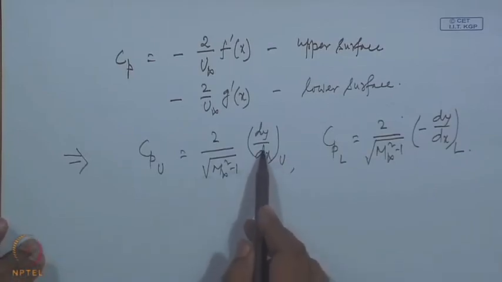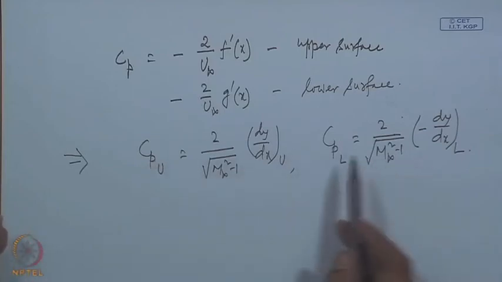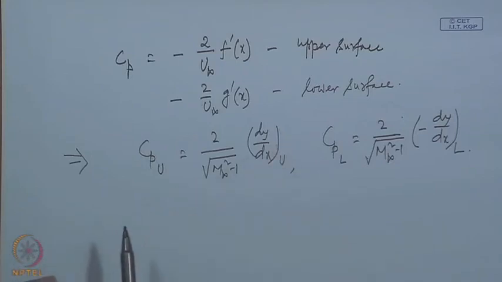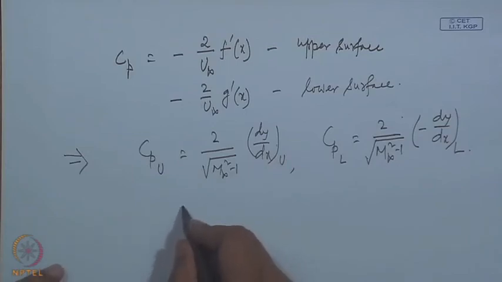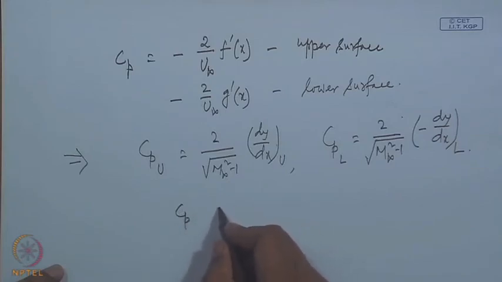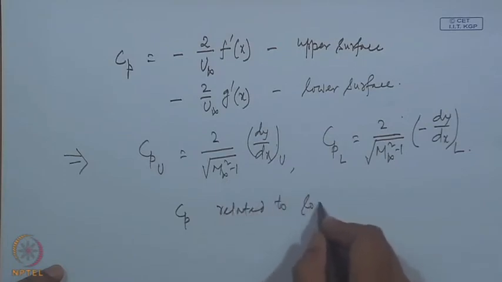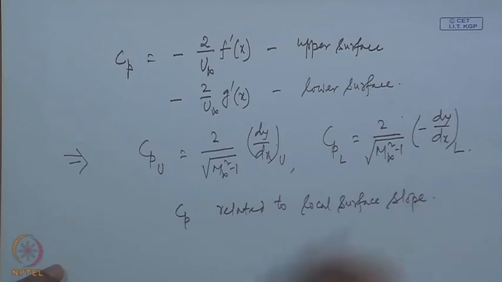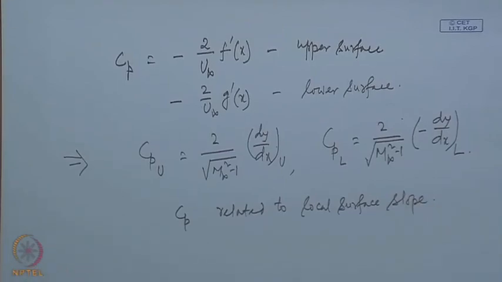What we can see is that this leads to a local inclination theory: C p at any point on the surface is simply related to its local surface slope at that point, and of course, the free stream Mach number within the framework of thin airfoil or linearized theory.